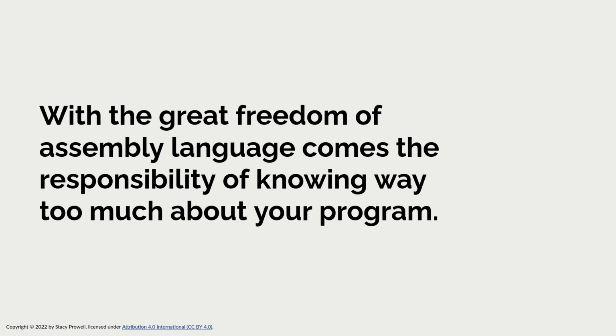You've got to know a lot of stuff about it to make this work. The compiler does a lot of stuff, fills in a lot of gaps, makes a lot of decisions for you, and that can be good or bad. With assembly, you're in charge. You've said, hey, I want to take responsibility for all those piddly decisions that you were making for me. Let me take charge of that.